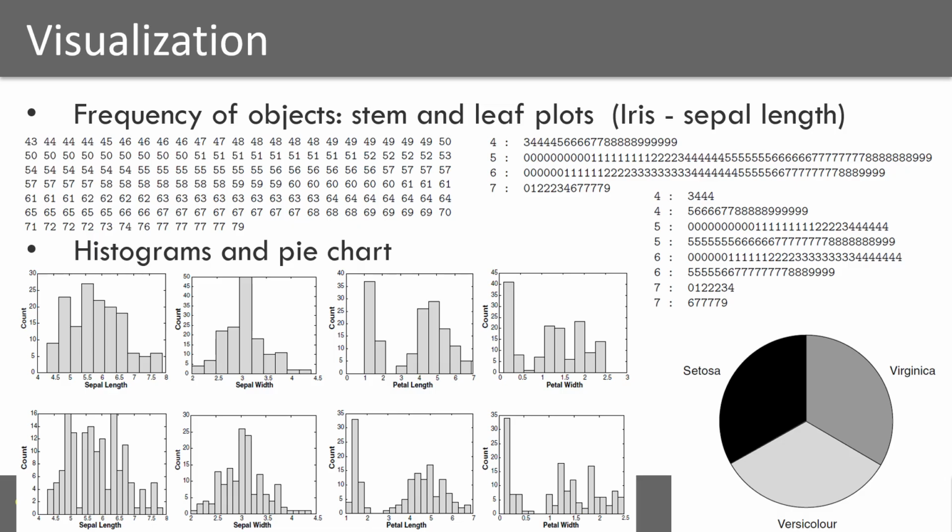Now let's have a look at the visualization techniques which are encoding the frequency of certain objects. For that purpose we are listing here the category of sepal length, and we have 1, 2, 3, 4, 5, 6, 7, 8, 9, 10. So this should be probably something like 25, I guess, times 1, 2, 3, 4, 5, 6.